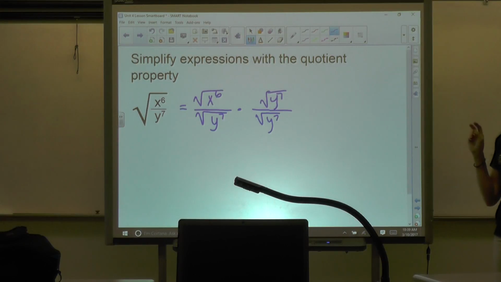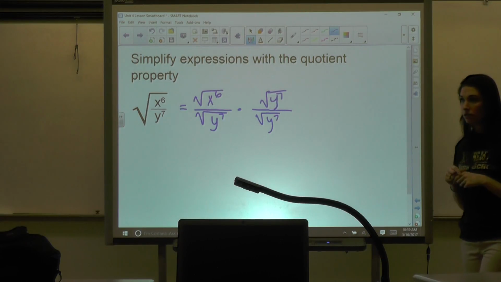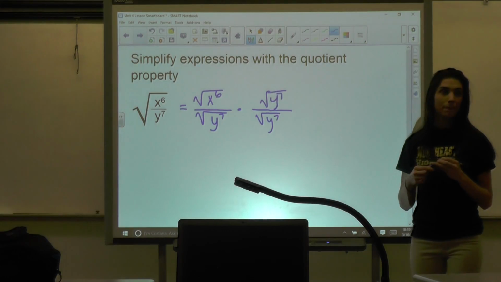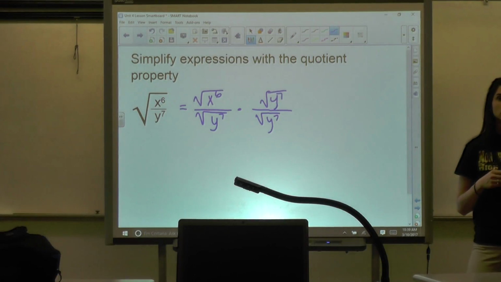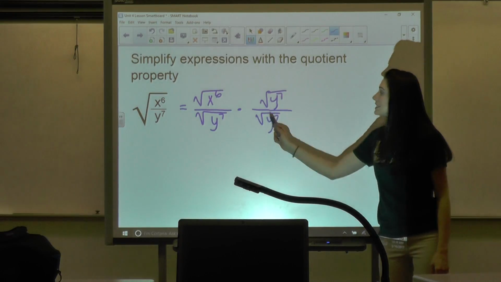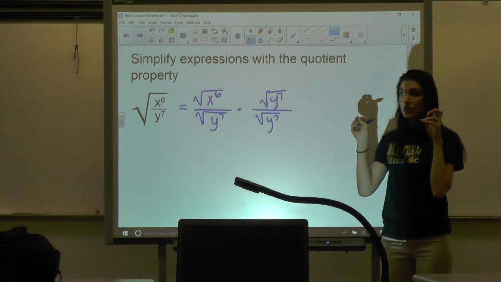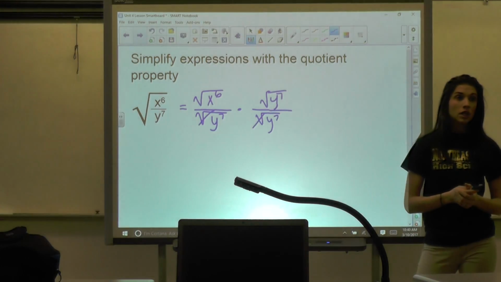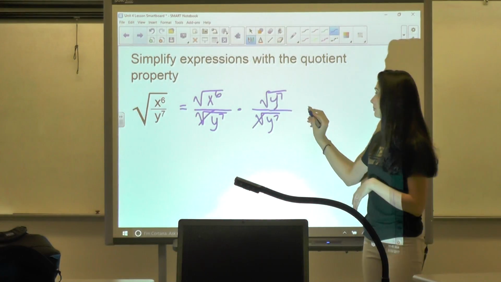That is technically like multiplying it by 1. Okay? When this happens, the shortcut to knowing is that the square root and the square root are going to cancel out, leaving you with a y to the power of 7 on the bottom.